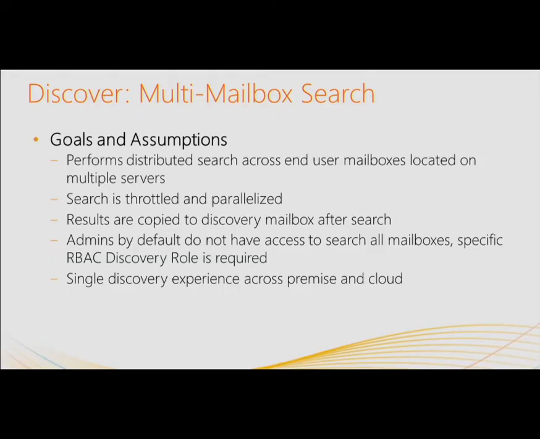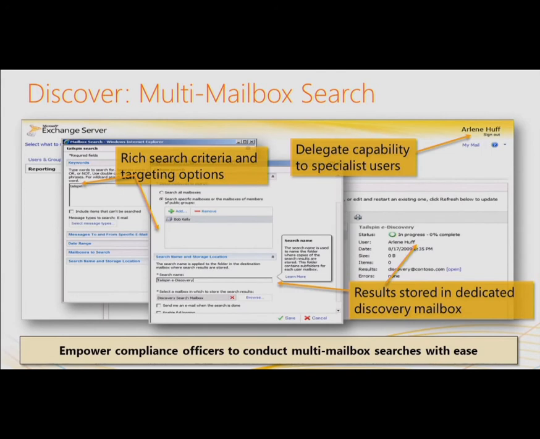All right. Let's have a look at discovery, multi-mailbox search. We talked a lot about it, so let's have a quick look through. Just to reiterate the requirements, the end user who needs to run multi-mailbox search needs discovery rights first.